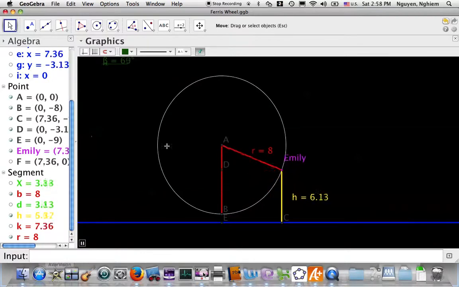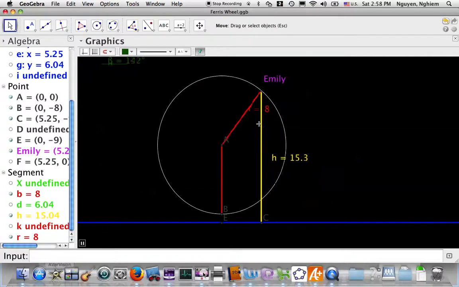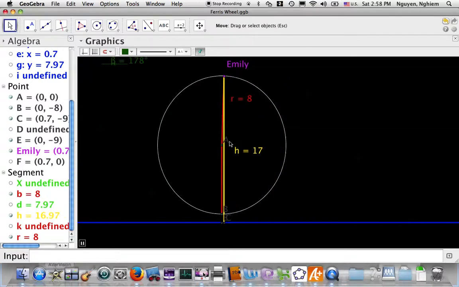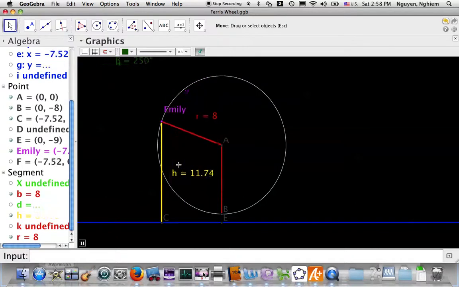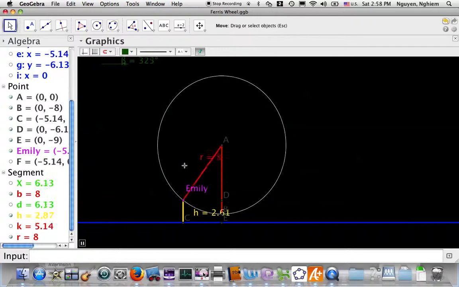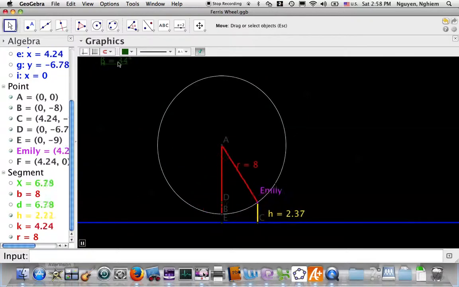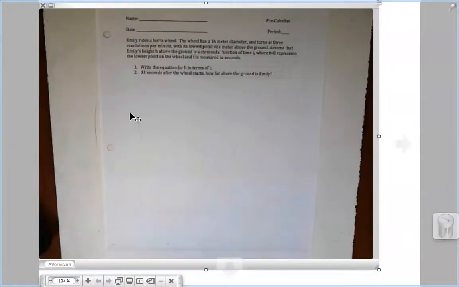So you can see the height is ever changing, but it's changing in such a way that it gets higher and higher. It reaches its maximum point and then comes back down. And we want to know that for any given time since she started moving, can we figure out how far she is off the ground? So let me just stop the animation there and get back to our problem.